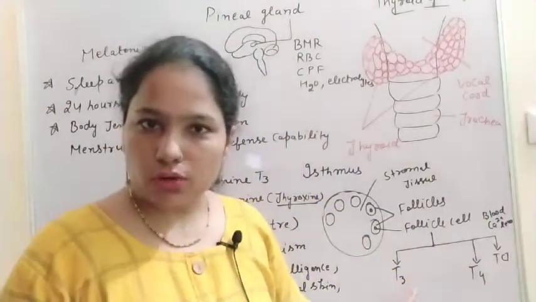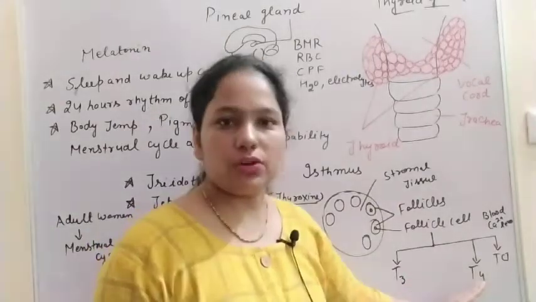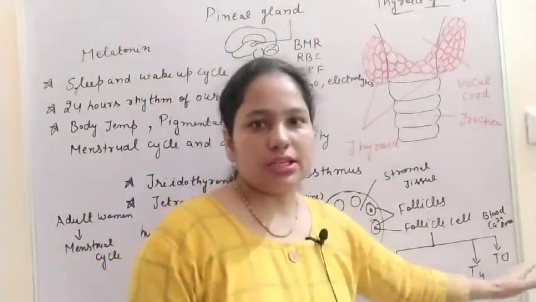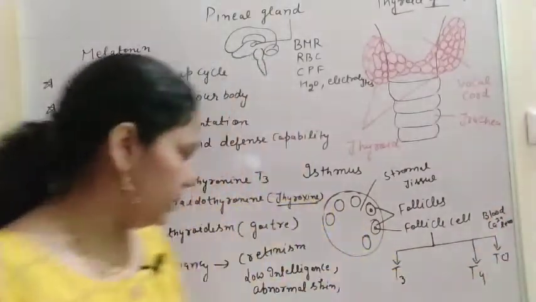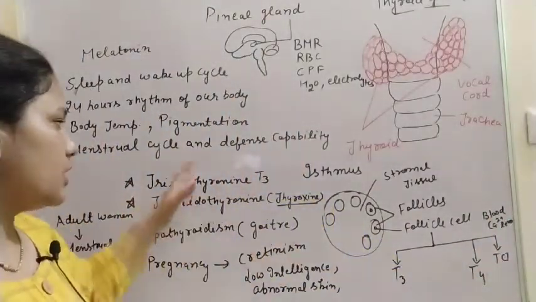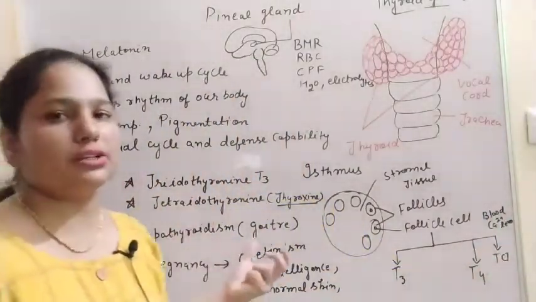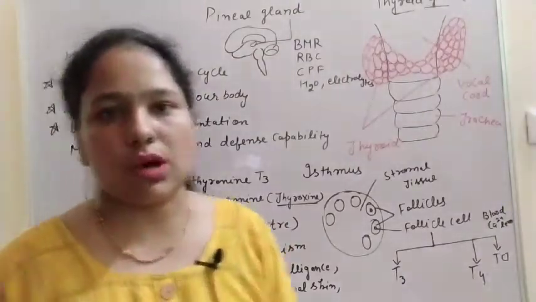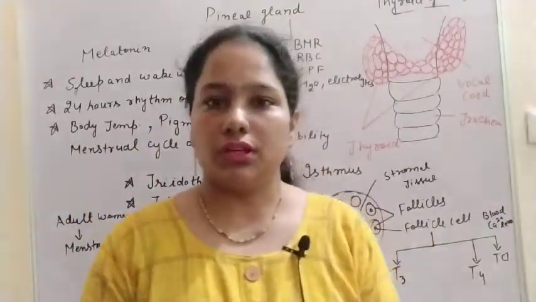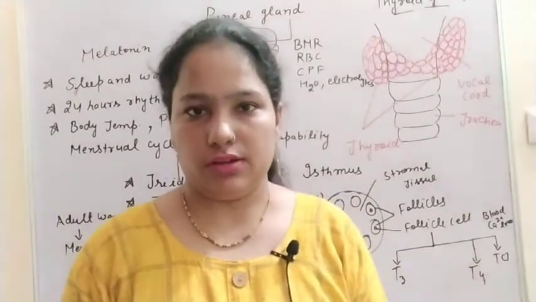T3 is triiodothyronine, T4 is tetraiodothyronine, and TCT is thyrocalcitonin. So these are the different hormones and their functions. That is about the thyroid gland and the pineal gland. Thank you.